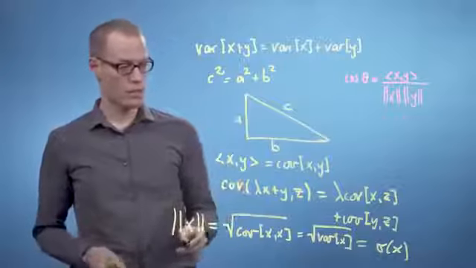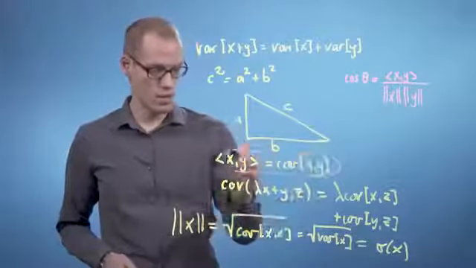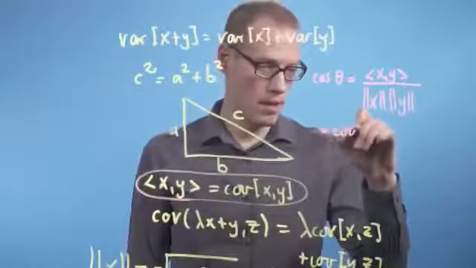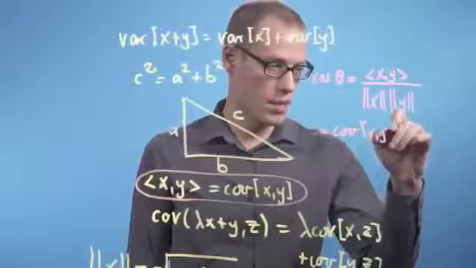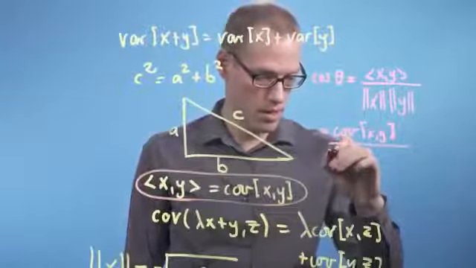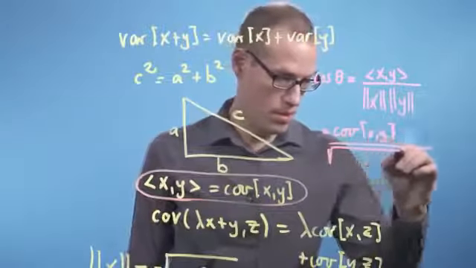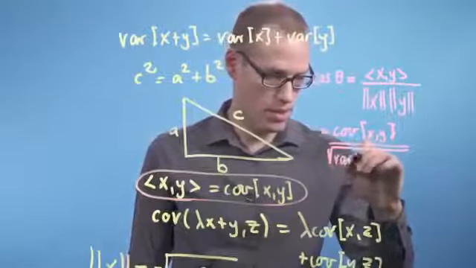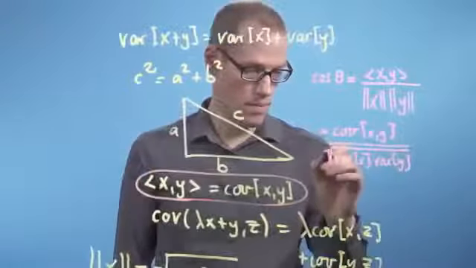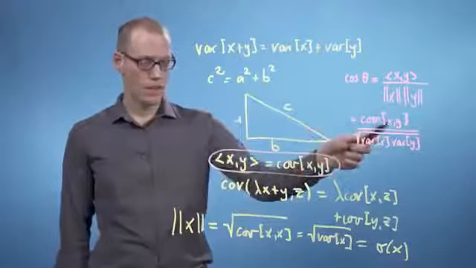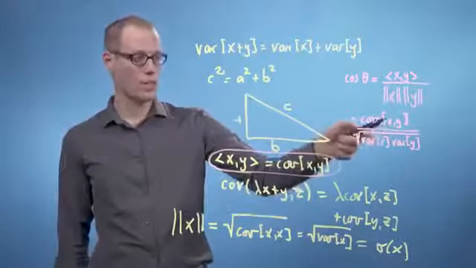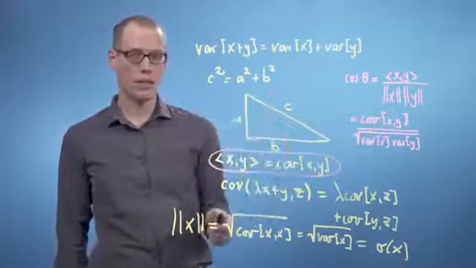And if we now write this out using the definition of our inner product, we get the covariance between x and y divided by the square root of the variance of x times the variance of y. And this evaluates to 0 if and only if the covariance between x and y is 0, and that is the case when x and y are uncorrelated.